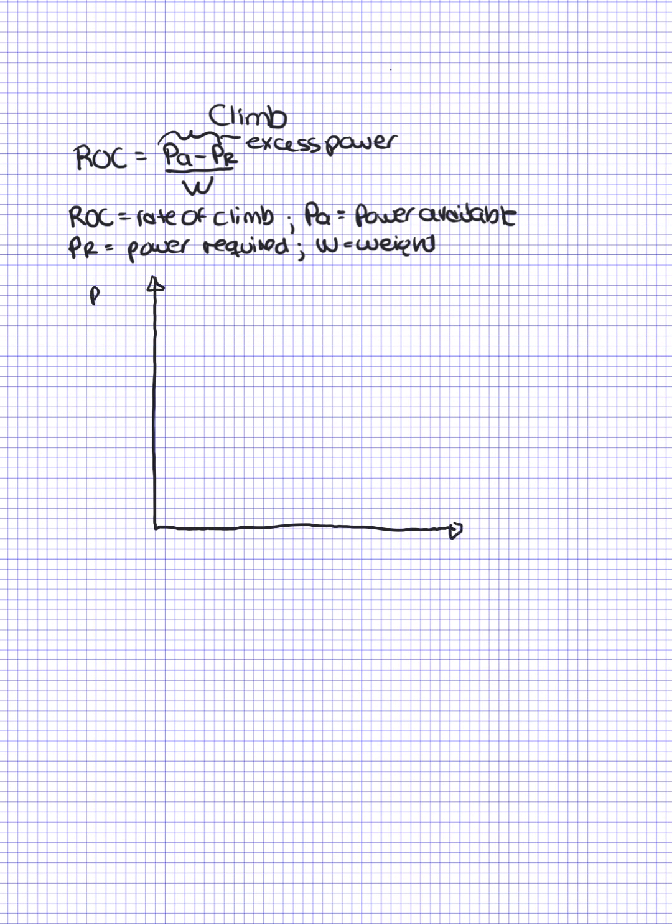So we have rate of climb, again, is power available minus power required over weight, and this is the generic equation. We'll talk about that with units, how it looks. If we draw that versus velocity, it's going to look like something like this.